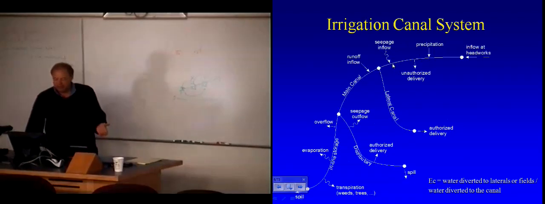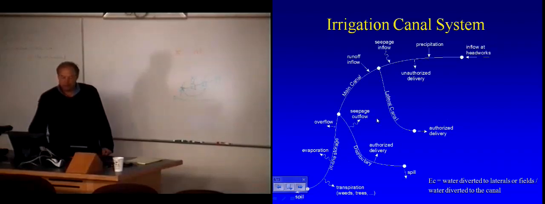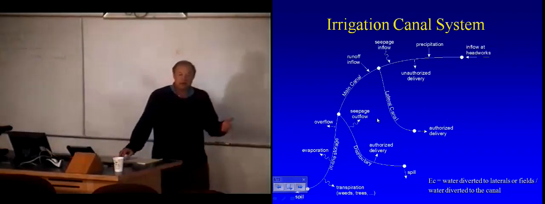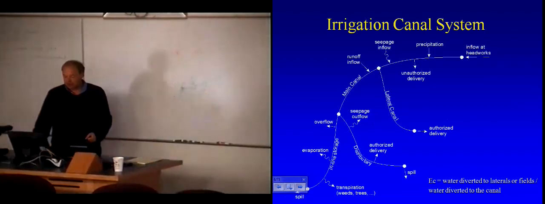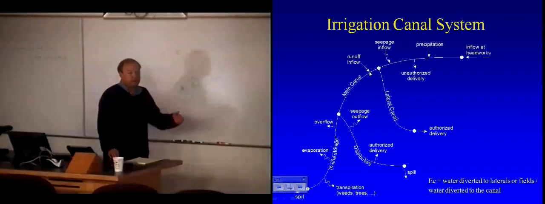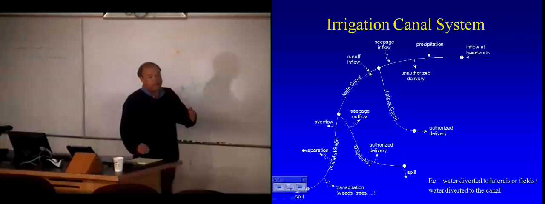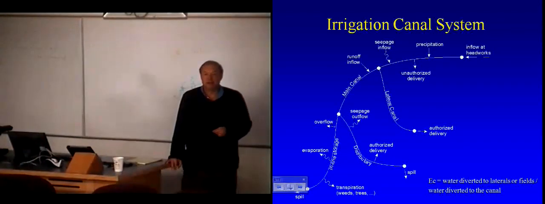That groundwater usually is connected hydraulically to the river where the water came from in the first place. And then at the field level as well. At the field level, a typical irrigation would be water applied here, and some of it gets infiltrated. Some of that infiltration goes beyond the bottom of the root zone of the crops, and is the process we call deep percolation.